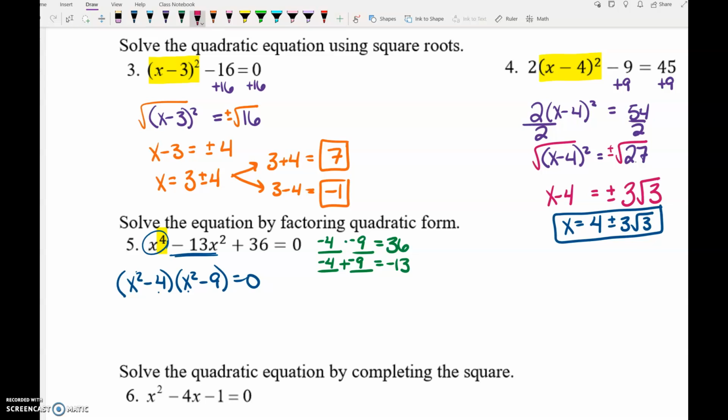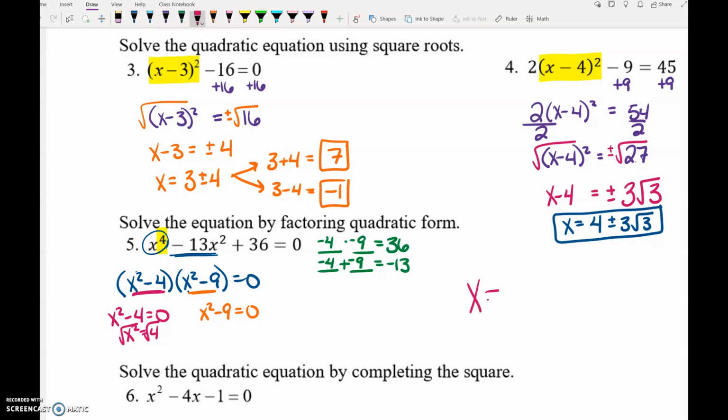But the easier method is x squared minus 4 equals 0. Solve that one. X squared minus 9 equals 0. Solve that one. So on x squared minus 4, add 4 to both sides and then square root. Don't forget when you square root there has to be a plus minus.